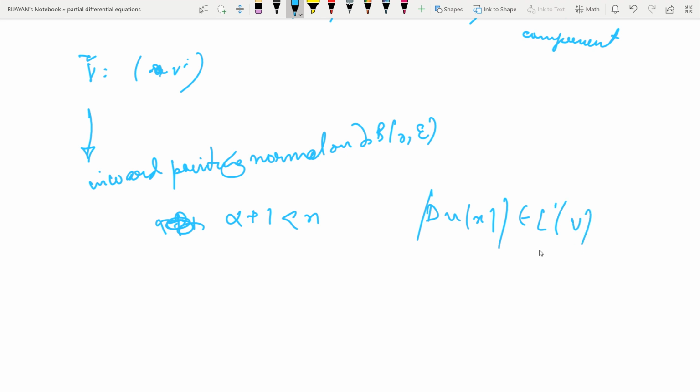In this case, we consider the surface integral of u phi nu^i dS. This integral is taken with phi in L infinity.